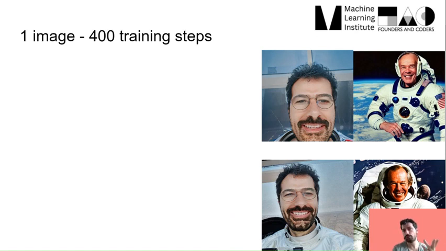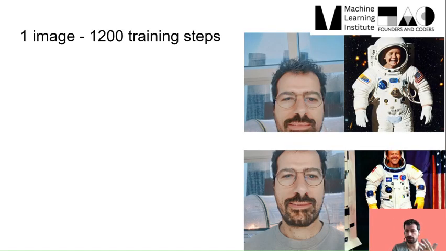As I go further, you can see the background of my image is starting to appear, and you can really recognize me, or maybe that's not me, but someone that looks a lot like me. And as I keep going further, at 1200 training steps, the model is now producing almost an exact replica of the initial image I had. So after 1200 steps, it's really just reproducing the initial image.